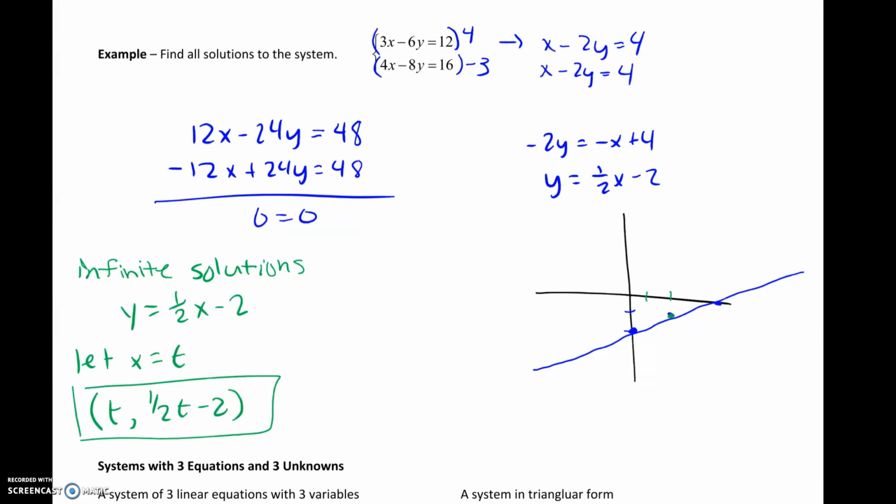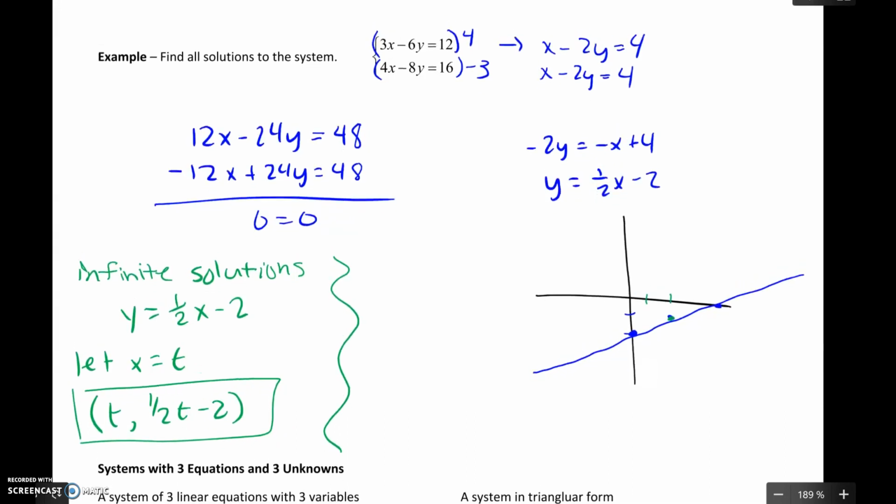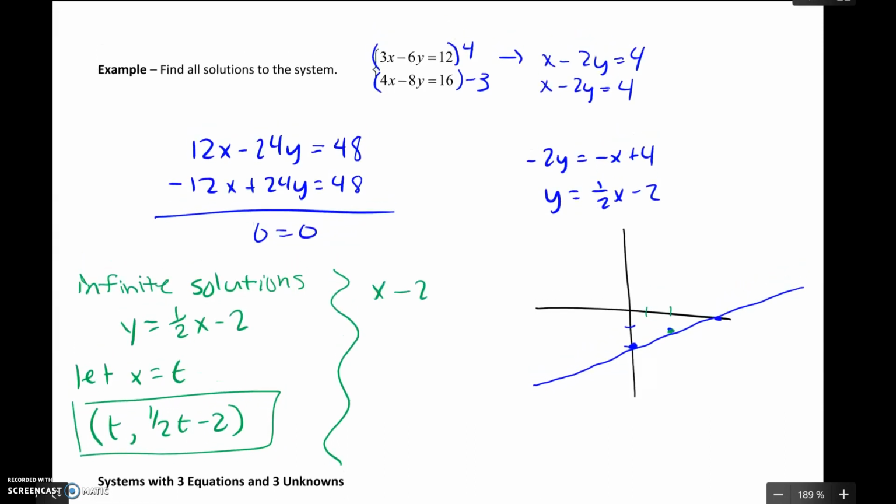You didn't have to do it with x. You could have done it with y. So another correct answer for this, you have the equation x minus 2y equals 4. So what if I let y equal t? I have x minus 2t equals 4, x equals 2t plus 4.